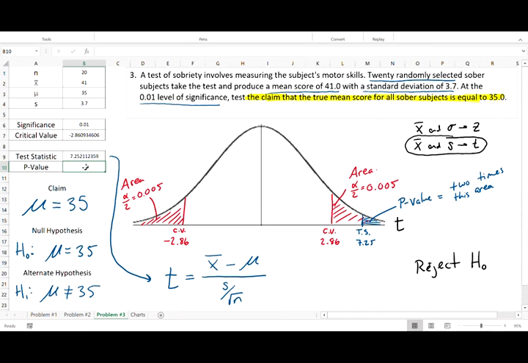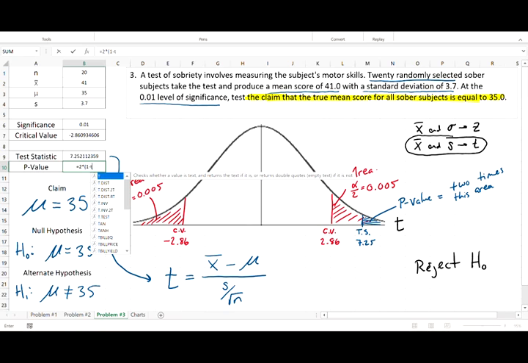So let's see how we'll do this in Excel. We need equals 2 times the area to the right, but we can't find that directly, we can only find the area to the left. So we need to use the complement: 2 times 1 minus the area to the left of 7.25.